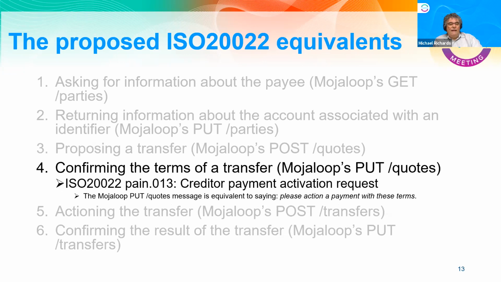This is a relatively new message, by the way, and it's not wholly aligned with the way in which the other messages work. In particular, for instance, the PAIN.013 doesn't accept multiple creditors, which all of the other messages we're going to be talking about do. So there's some little alignment to be done there, but in principle, at least for our purposes at the moment, it will work fine, we think.